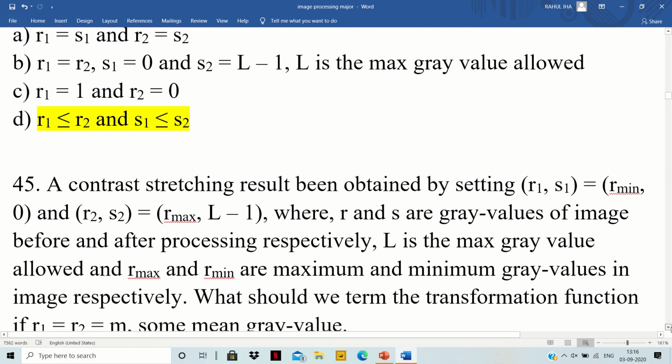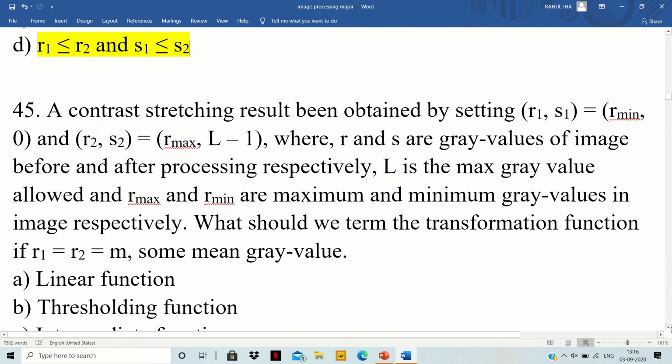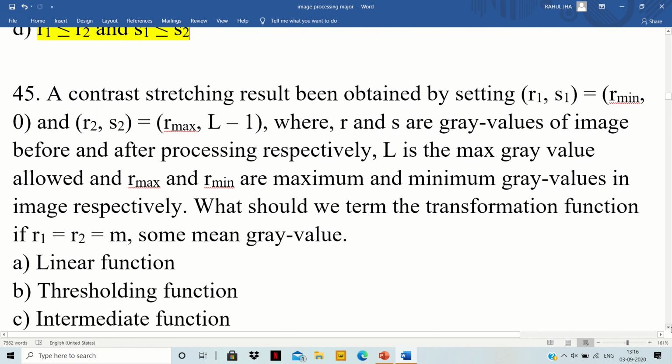A contrast stretching result is obtained by setting (R1, S1) equal to (R minimum, 0) and (R2, S2) equal to (R max, L minus 1), where R and S are gray values of the image. In this case, R1 is the R minimum and S1 is 0. And then R2 equal to R maximum and S2 equal to L minus 1, which is also a maximum value.